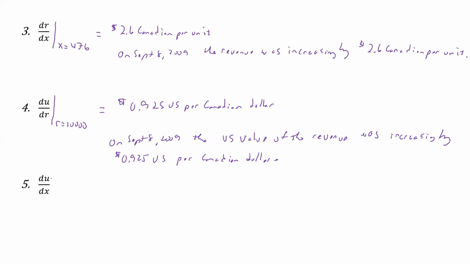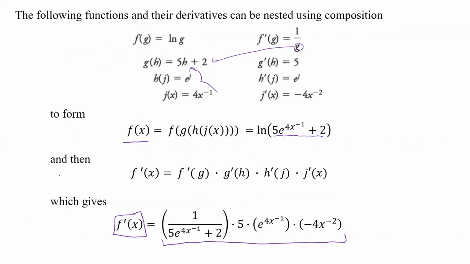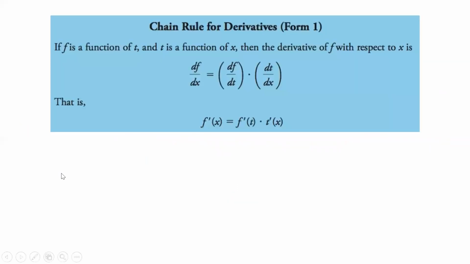Now, what we want to do is find dU/dx. So we're going to have to plug in x. Well, our x, they said, was 476. And what does that tell us? Remember, if we go back to the last thing, this is what we did.